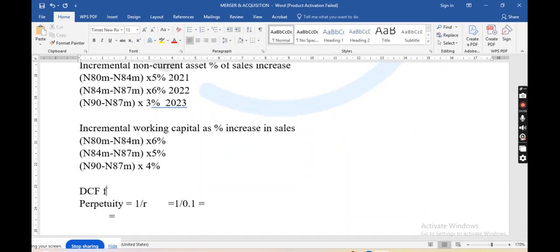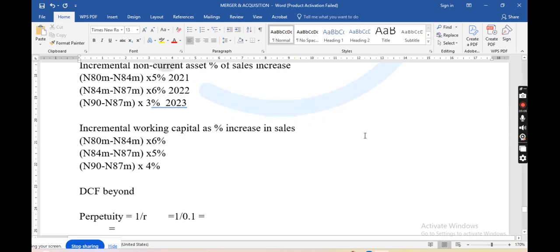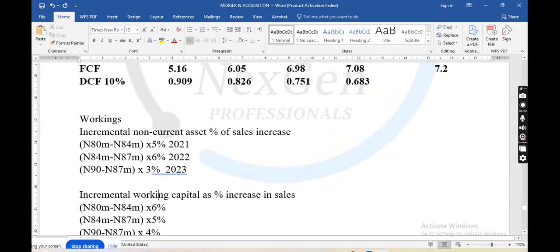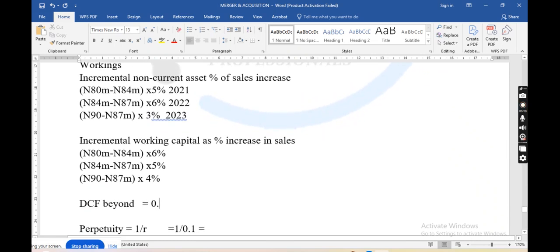So DCF beyond is equal to the last DCF, which is 0.683, times the infinity.